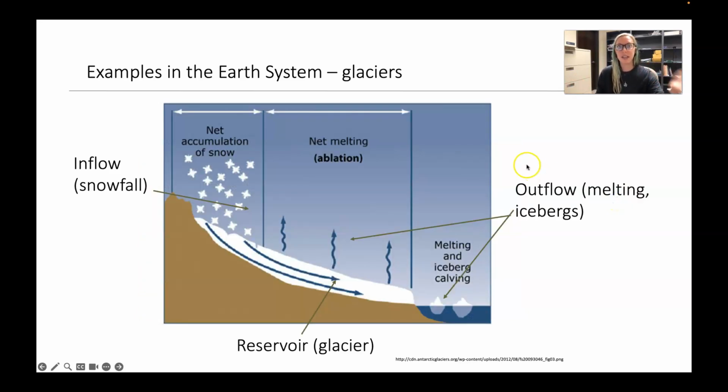Another one is that of glaciers, right? So we have inflow, which could be our snowfall and our ice. And the reservoir itself is a glacier. And then the outflow would be the melting and icebergs calving off. So if all things are going in balance, if there's not any sort of positive feedback going on and all things are in equilibrium, then the amount of snowfall will equal the same amount of melting and icebergs.